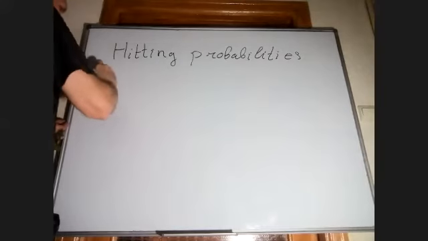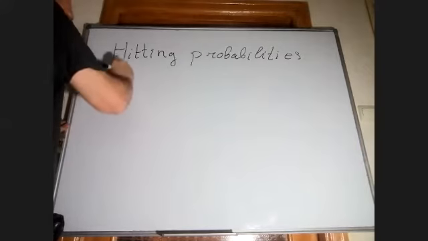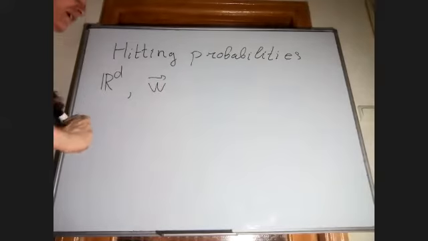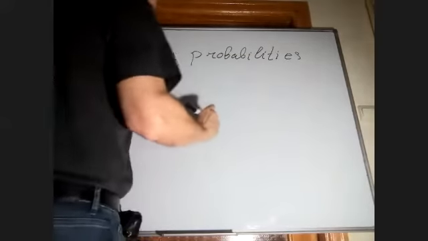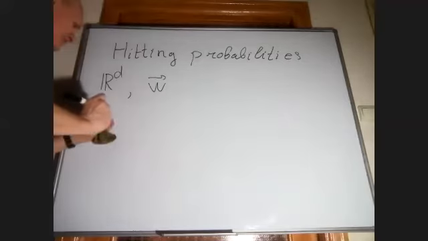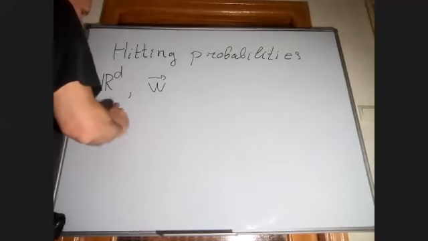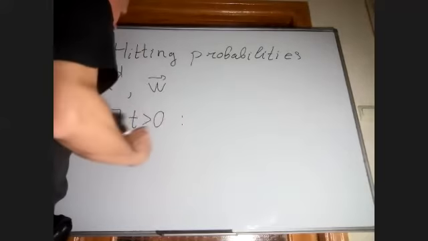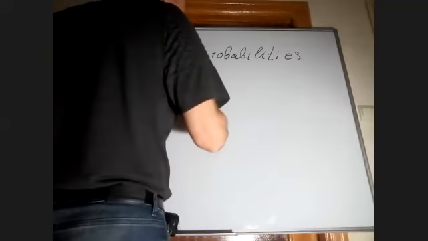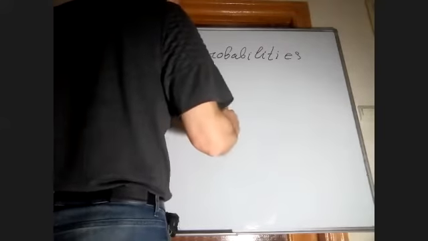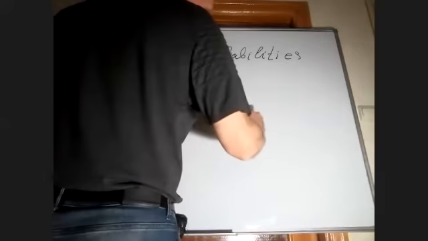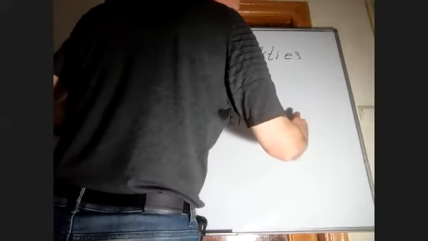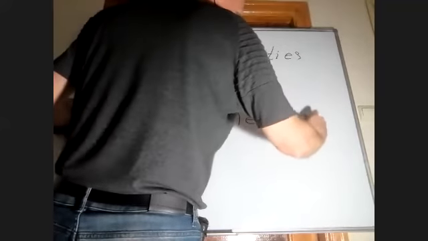We consider R^d. We consider here Brownian motion, and we will ask for the probability that there exists such t greater than 0 that W(t) belongs to some ball, for example, B(X, R).